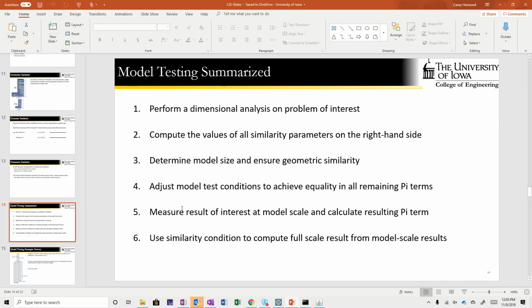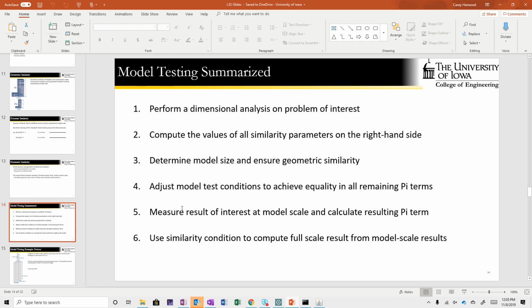I've proposed that this sort of 6-step process can be used for model testing. Step 1 is perform a dimensional analysis on a problem of interest. That involves some steps of its own, as we've seen: apply the Buckingham Pi theorem, use your method of repeating variables, and so on and so forth.